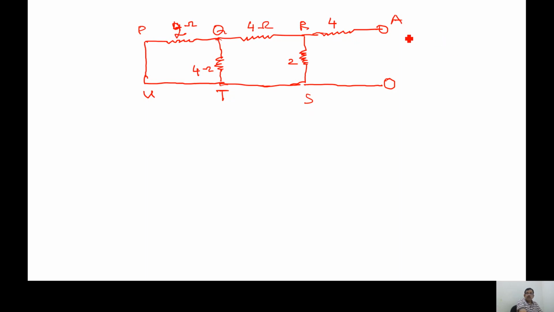If I connect an ohm meter across this, I will get the equivalent resistance across AB, but here we have to do it by analysis.